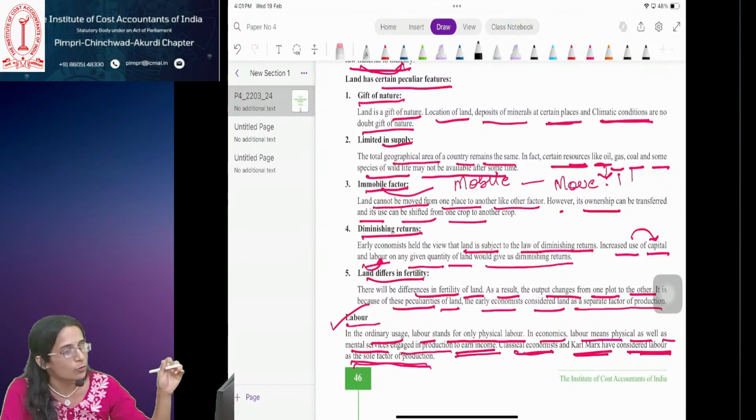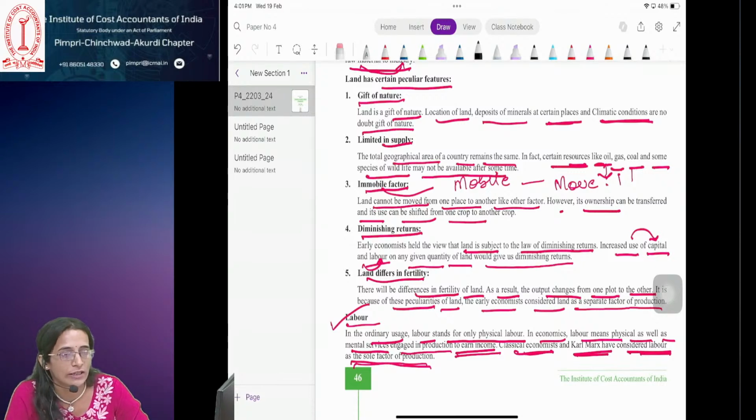I will give you one example of diminishing returns. You have 1 acre of land in your village, and previously you were employing 5 laborers to cultivate, to sow the seeds, for farming purposes, for the crops.